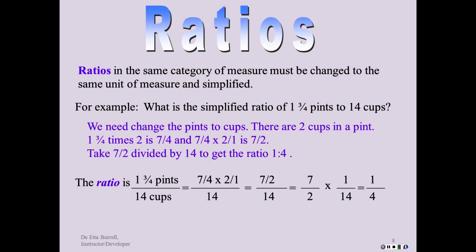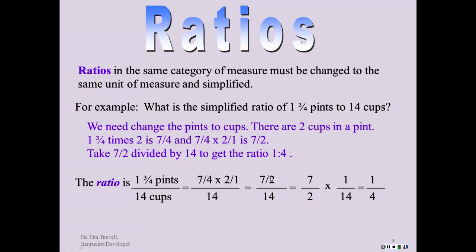So I took 1 3/4 and multiplied it by 2 to figure out how many cups there would be. The improper fraction of 1 3/4 is 4 times 1 is 4 plus 3 is 7/4. Then I multiplied it by 2, which is the same as 2/1. So when I took 7/4 times 2/1, I got 7/2 when I used cancellation.